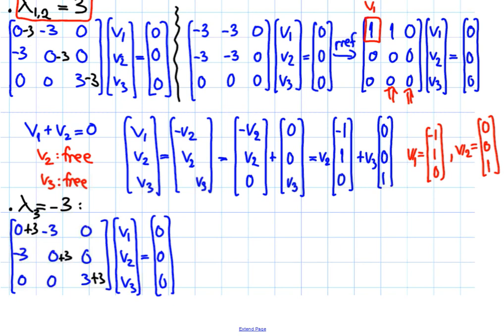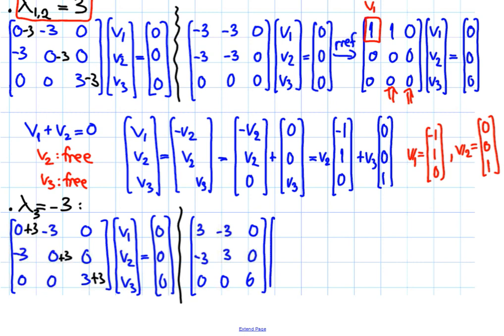And so the matrix would be [-3, -3, 0; -3, 3, 0; 0, 0, 6] multiplied by V1, V2, V3.